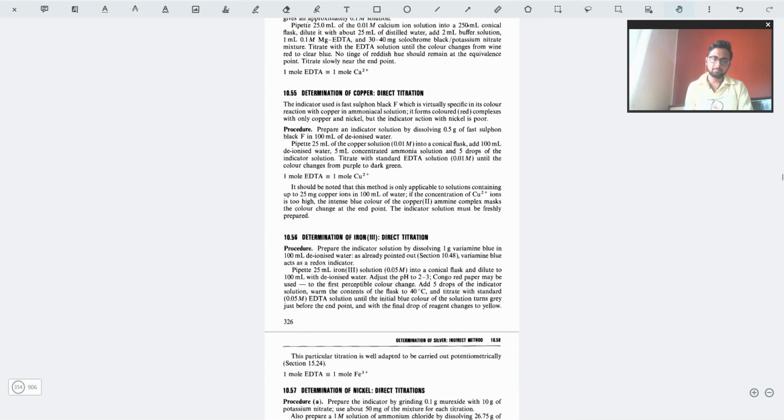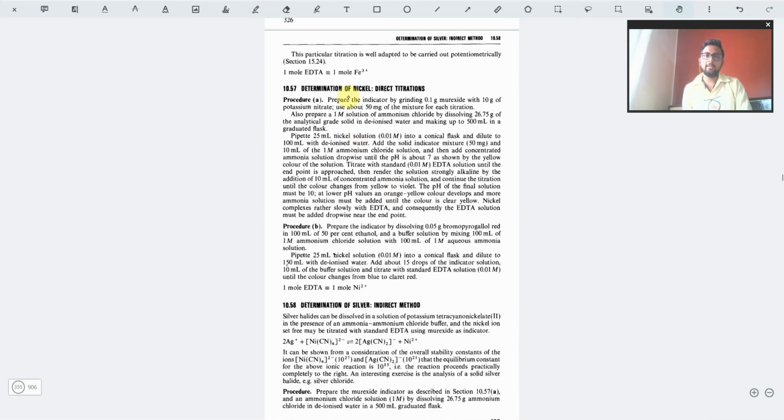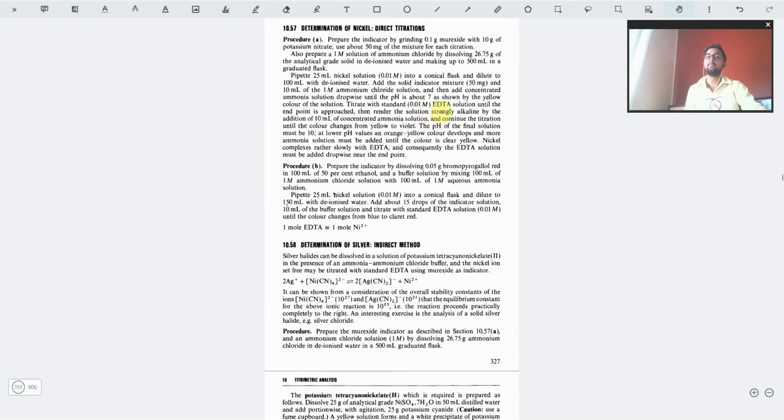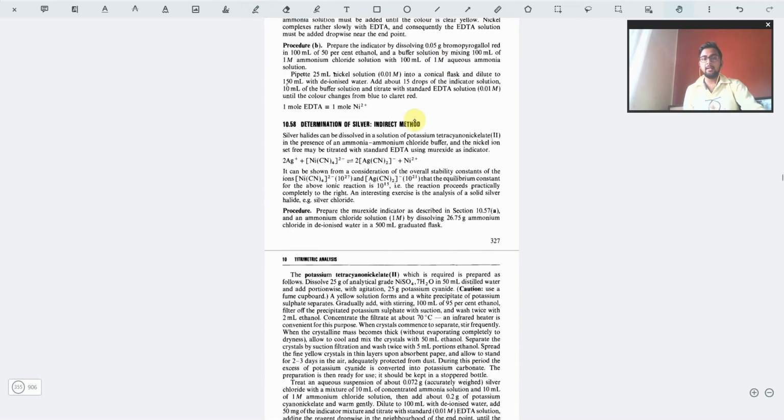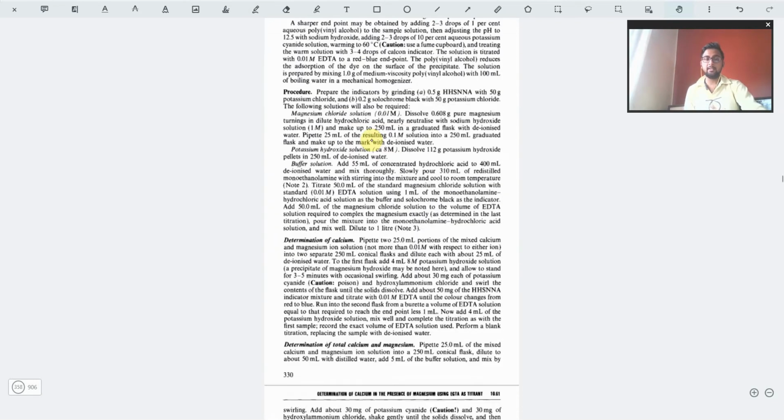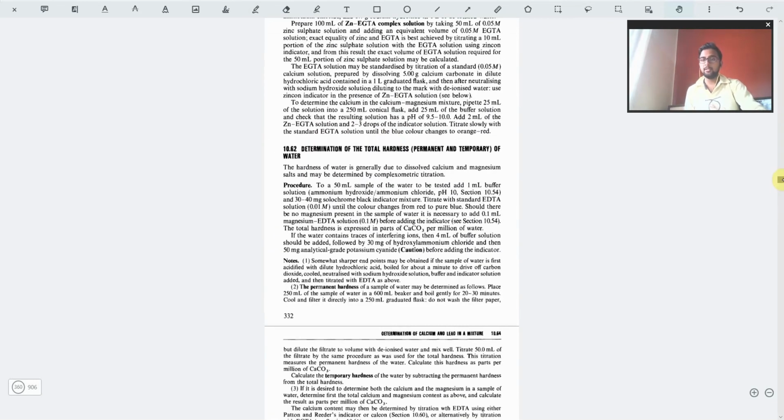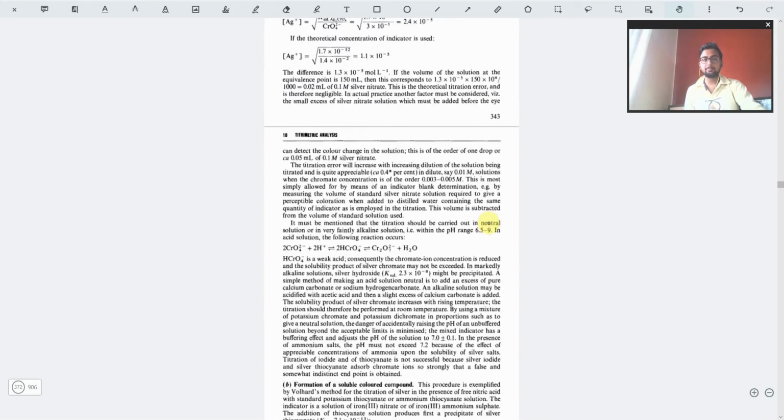Then, as I've already told you many a time, for nickel direct titrations will be occurring. Here we are talking about the complexometric titration. So instead of DMG, EDTA solution is taken, and in that way we are doing it. Let us move on to the next chapter.